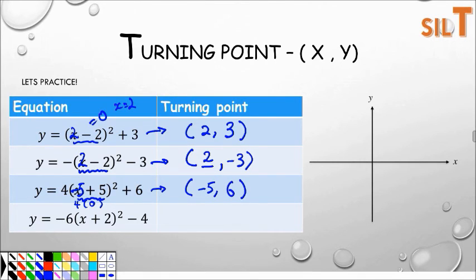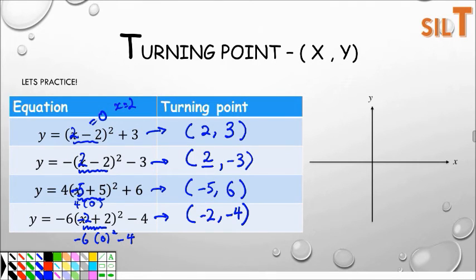In the last example, we do the same thing and I'll have negative 2. Putting negative 2 into the equation, I will have negative 6 times 0 squared minus 4. And we see that the answer is minus 4. Do you see a pattern?